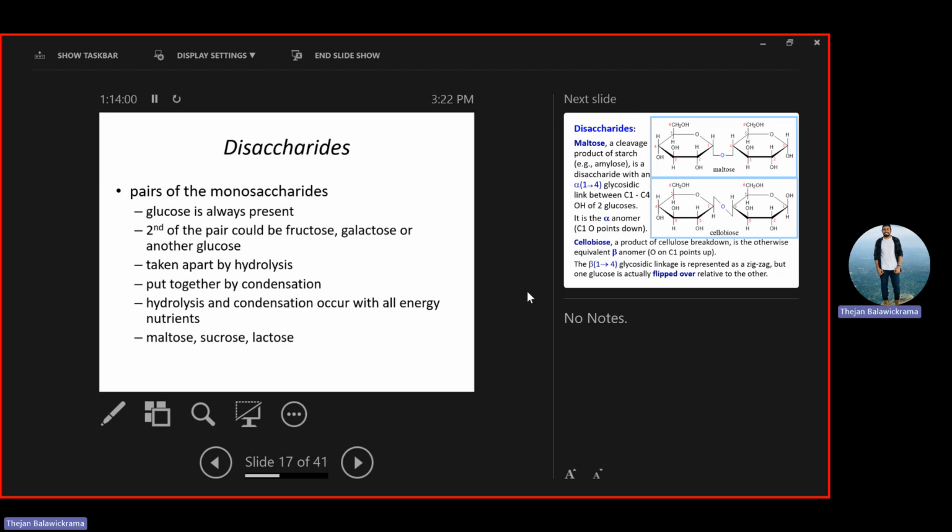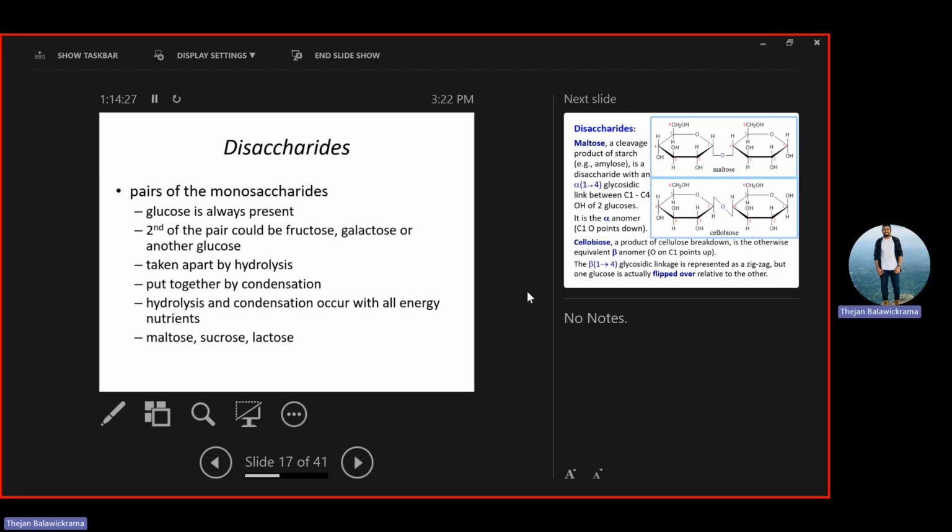Condensation is addition followed by elimination. Added together, and a water molecule is eliminated, removed. So this is what we call a condensation reaction.